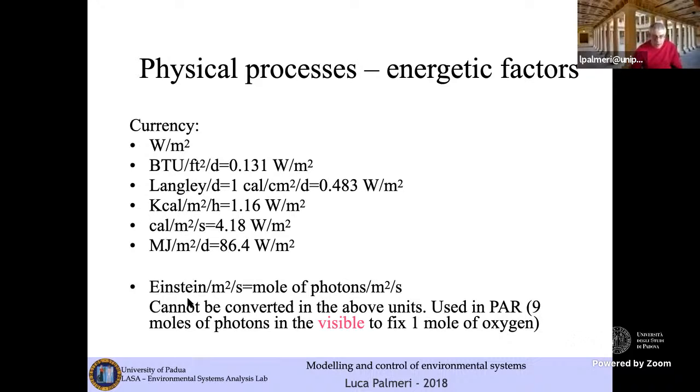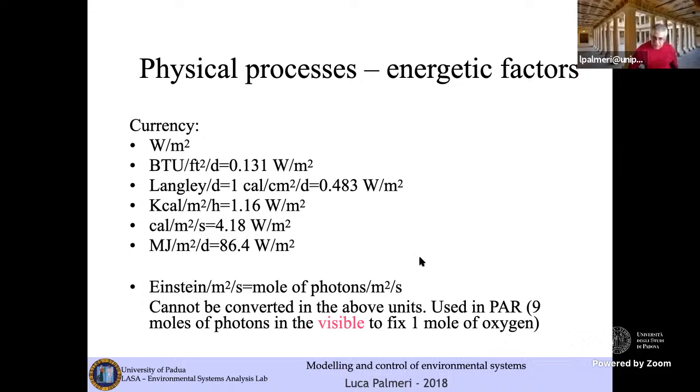While for the Einstein, we do not have a conversion factor because, of course, the Einstein is just a quantity of photons without an indication of the type of photons, and you know that photons are characterized by the wavelength. The Einstein is interesting because it counts the photons in terms of moles, density of moles per unit surface, unit time.